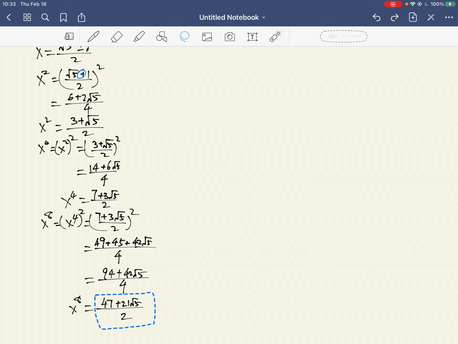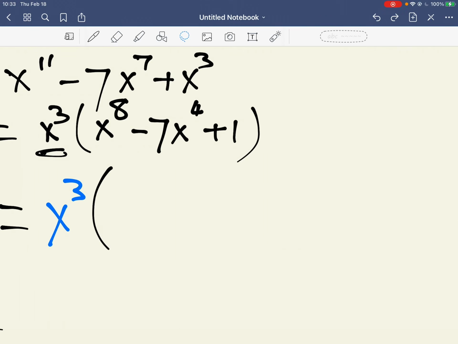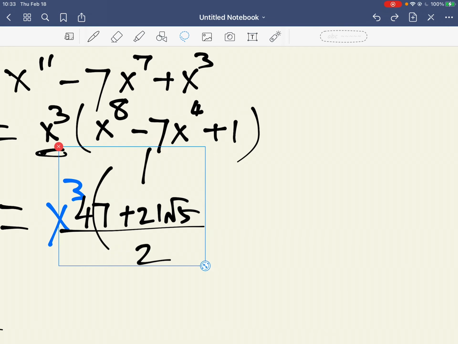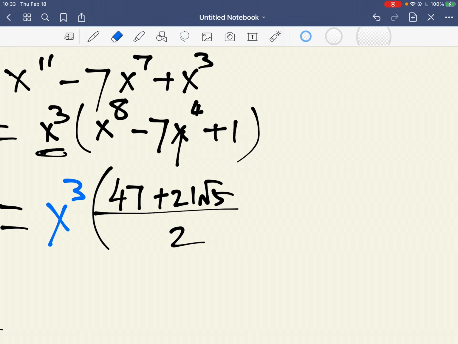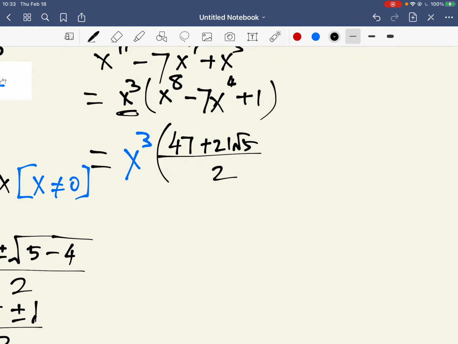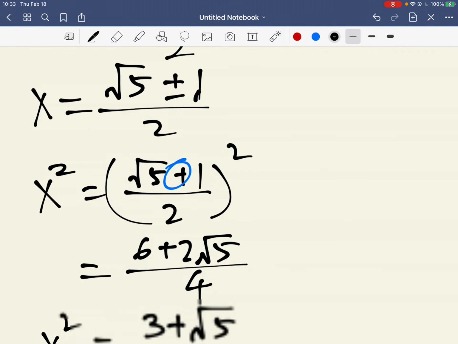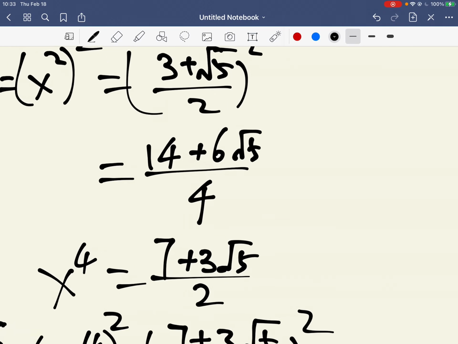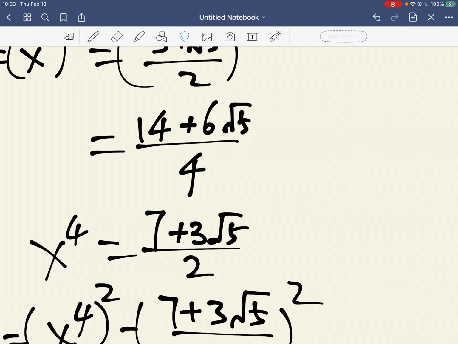Then we need to minus 7 times the x to the 4th, which we calculated here to be this.